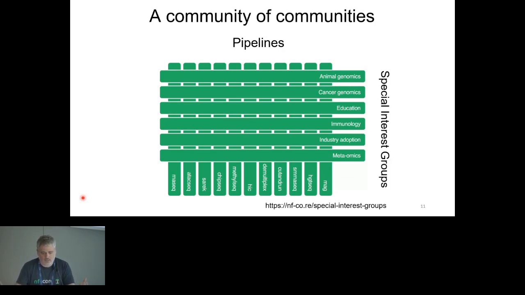The idea is that it brings together people that have the same scientific focus, so that they can discuss, for instance, how you have to parameterize your pipeline to work in a given animal species, or which features the pipeline is lacking for your research, and that you want to try to incorporate into the code base.